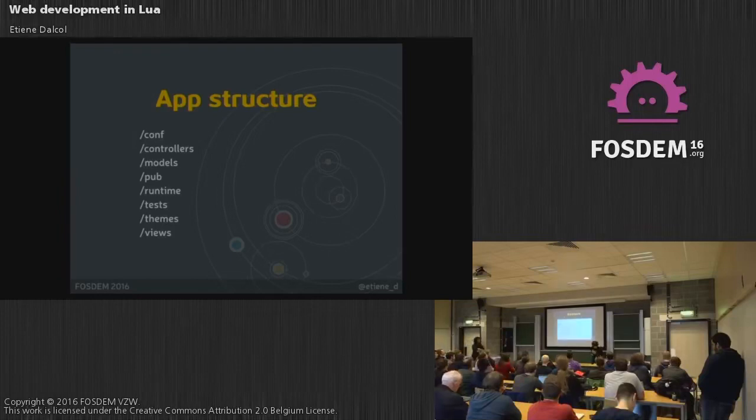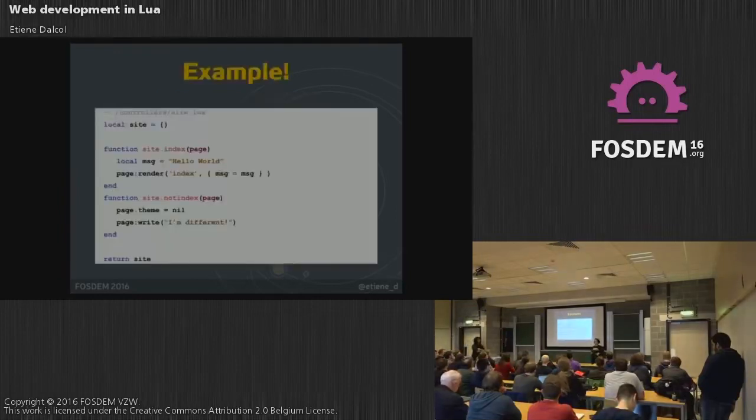So I'm going to give you an example of what a controller in Sailor looks like. A controller in Sailor is a Lua module, meaning that it is a table with functions indexed to it, and this table is returned at the end. And each action of the controller is a method of this module. So here in my application, I have this controller called site.lua.